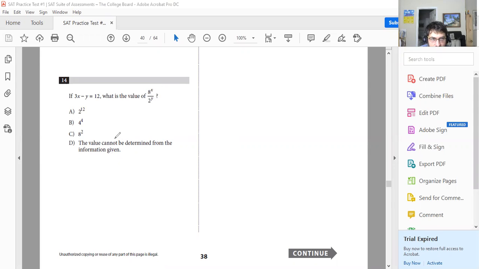We can rearrange this to combine it, see what happens. 2 to the 3x, because 2 cubed equals 8, over 2 to the y. And if we combine these, we have 2 to the 3x minus y. And you can see here we have 3x minus y equals 12. So if we plug that in, that will be 2 to the 12.